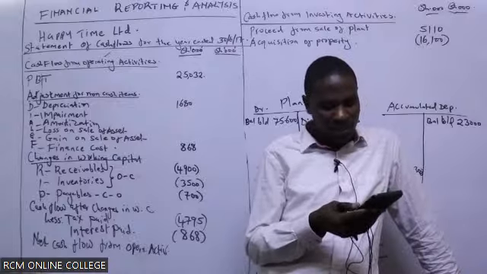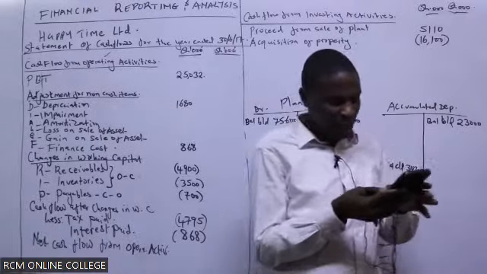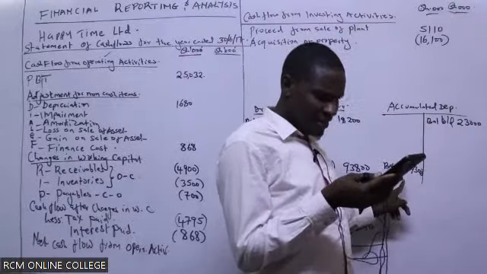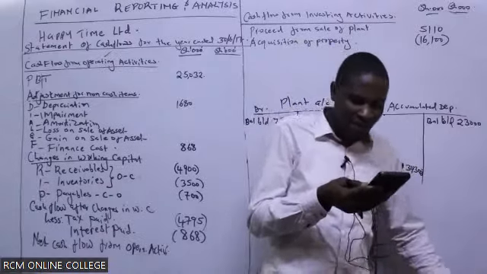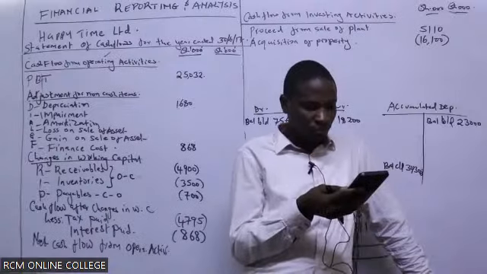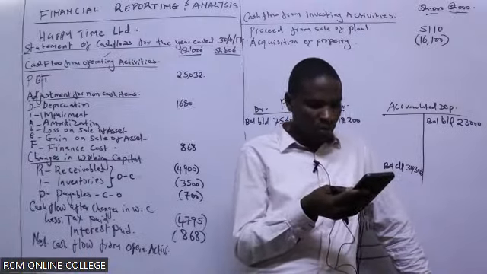So the 2016 accumulated depreciation was 23,000, and that is what we have put. And then the balance carried down is 34,300.